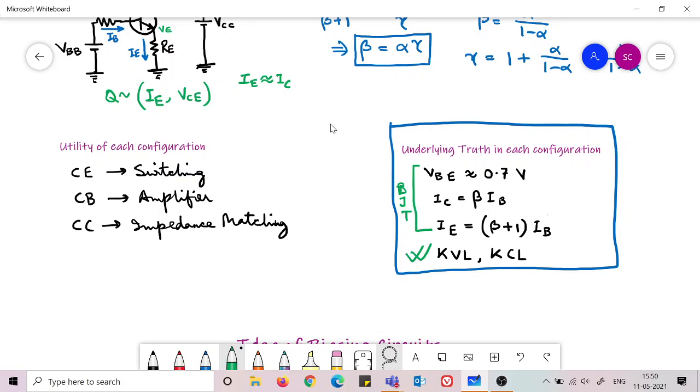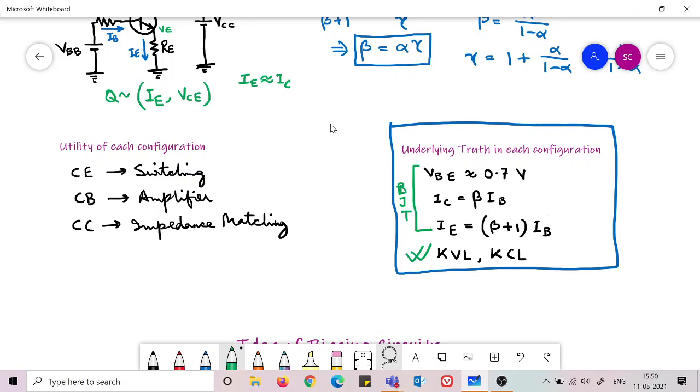This is just a statement at this point. You will not appreciate how it is amplified at this point. We will come to that. That is also part of our course. Okay. So we will come to that later. But right now just take this as a statement. So common base is used as an amplifier. Common collector is used for impedance matching.